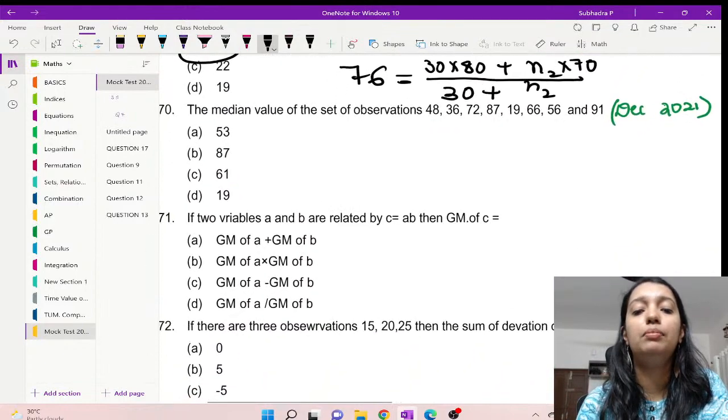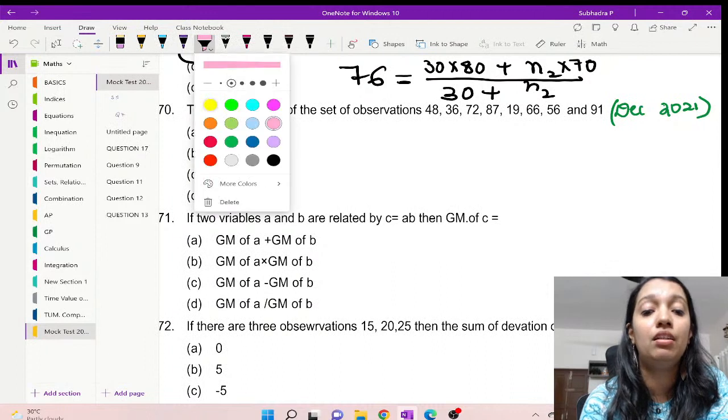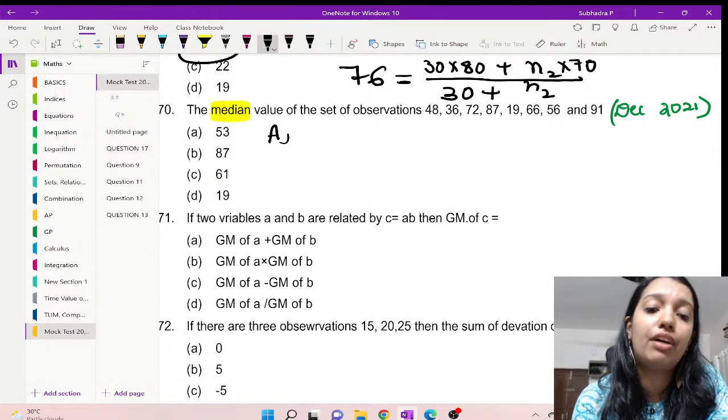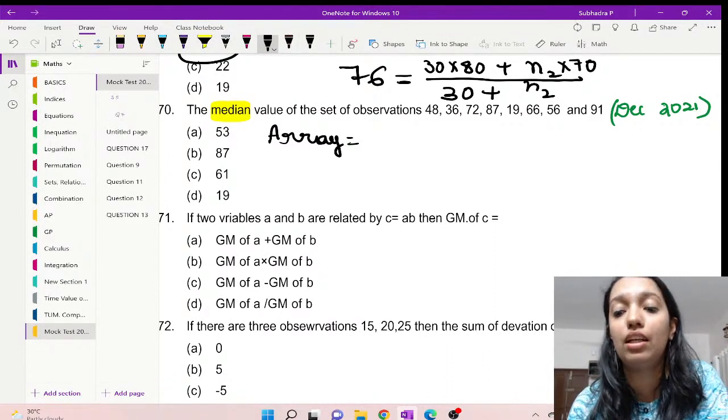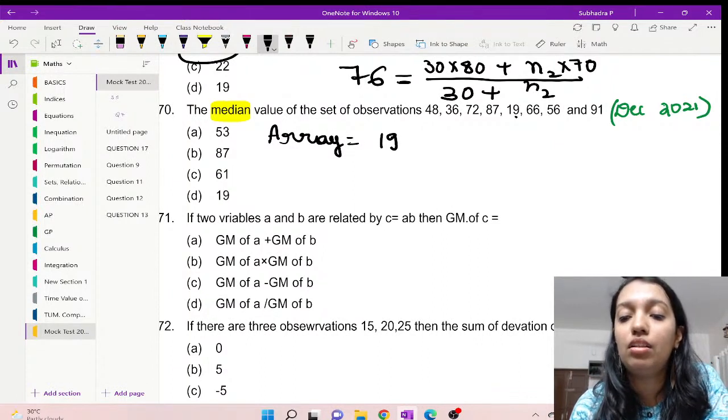Next. The median of the set of values. Array, baba, if you have to find median, first of all you have to write the array. Without writing array, you can't find median. So array means you have to arrange them in ascending order. Starting with the lowest number 19. Then go on.